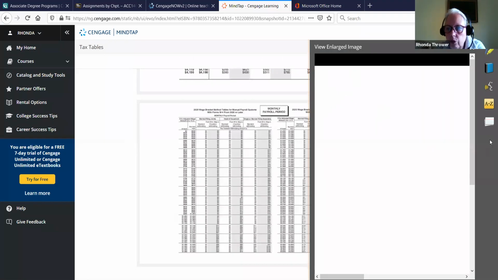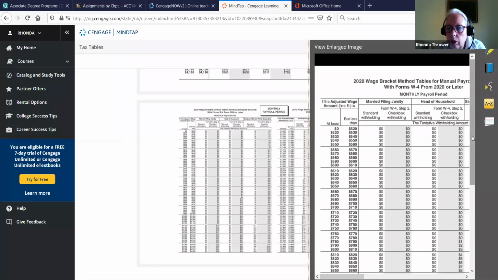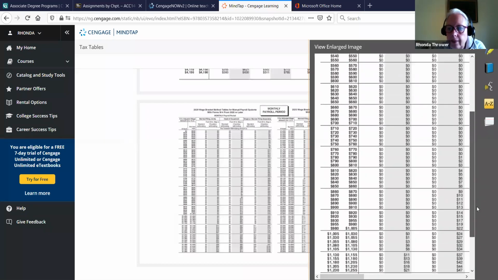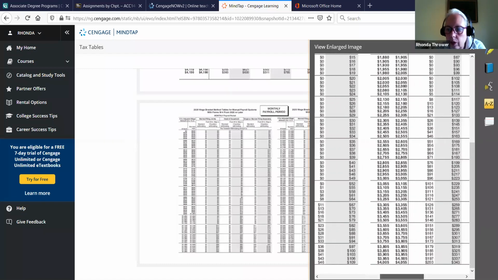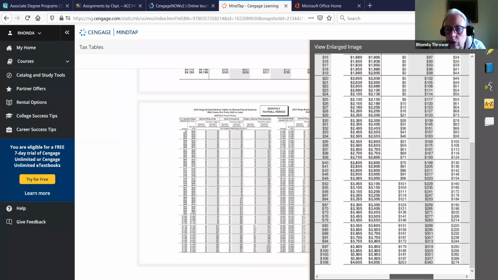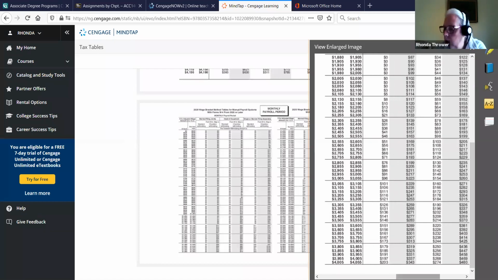So I'm going to enlarge this for you. And let's see. This table, yep, it does go to 3,000. So that's good. So 3,000 is what we're looking at. So you see right here from 2955 to 3005, the marital status is married, filing jointly.